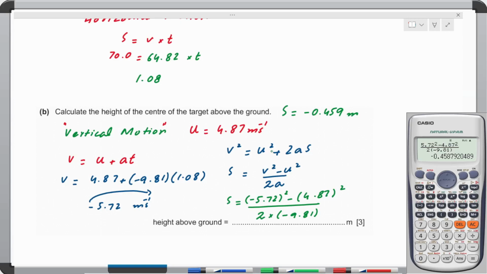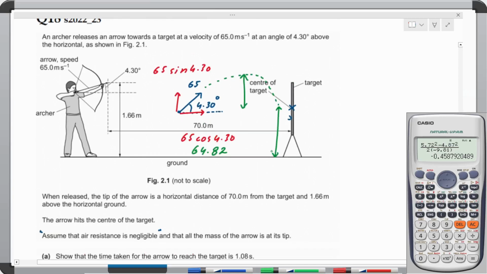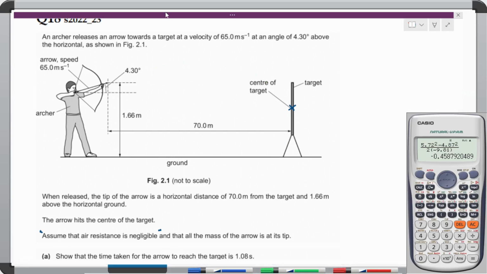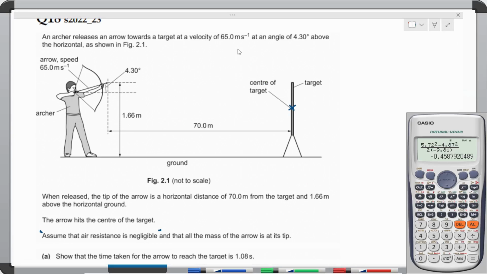So what I'm saying is, if this is the initial axis, let me clear everything from here. All right, so that distance is telling you something.